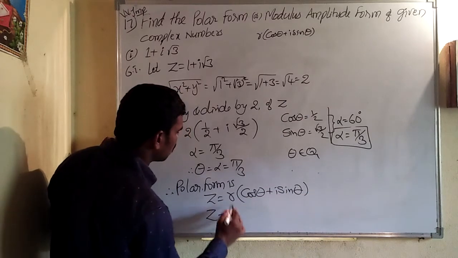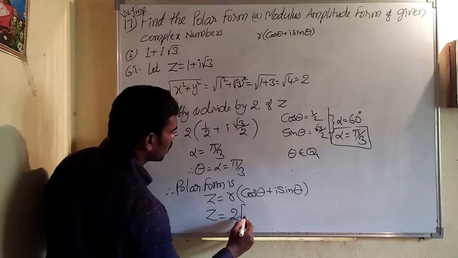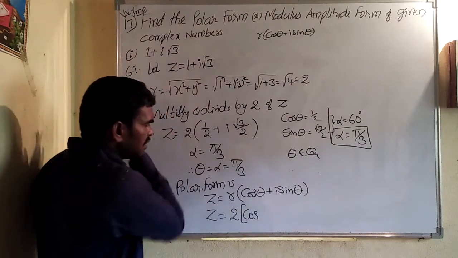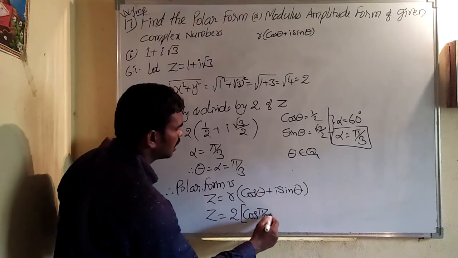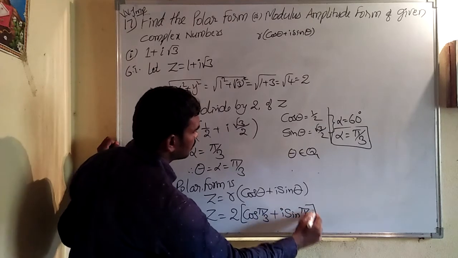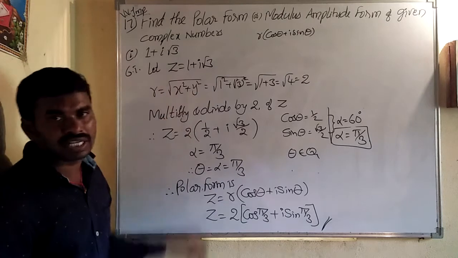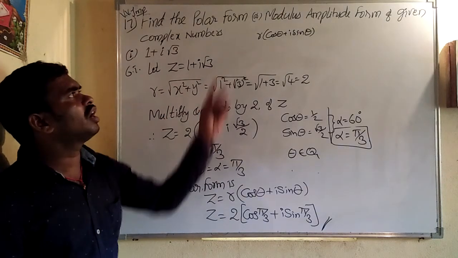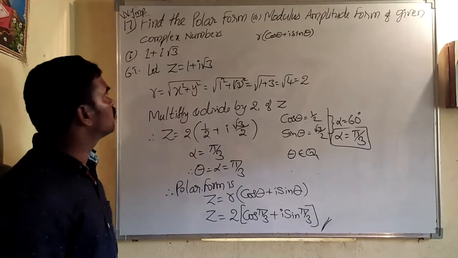So z equals r, what is the r value? 2, into cos theta. Theta is nothing but alpha, nothing but pi by 3. So z equals 2 (cos pi by 3 plus i sin pi by 3). This is the polar representation of a complex number, or we can call it the modulus amplitude form. This type of question is very important.